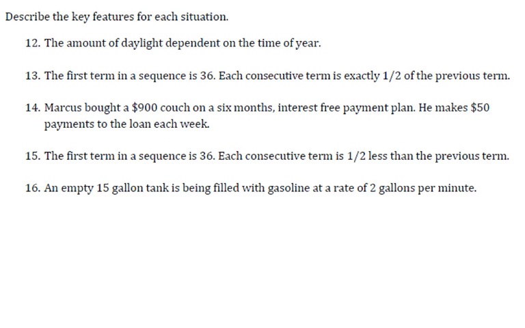Alright. Describe the key features for each situation. So how would we deal with this? That's kind of what you're looking at. The amount of daylight dependent on the time of year. We have a full year, 365 and a quarter days.